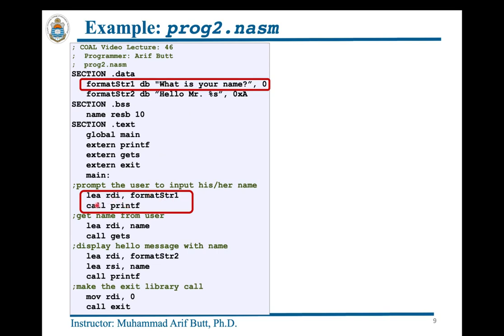So after doing this, we make a call to printf, which will simply print this string on the standard output. Do note this null character at the end of format string 1. This is very much required. If you don't give it, this string will not be terminated once printed on screen.